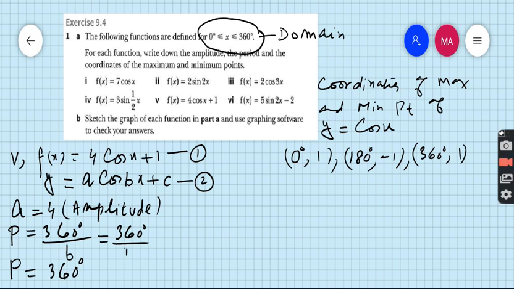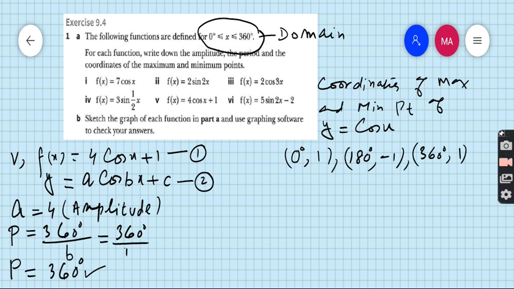Now coming to the question, how to find the maximum and minimum points of 4 cos x plus 1. It's very easy. First we have to see if there is any impact on the period. The period of this function is 360 degree, so there is no impact on the angle of cos x.